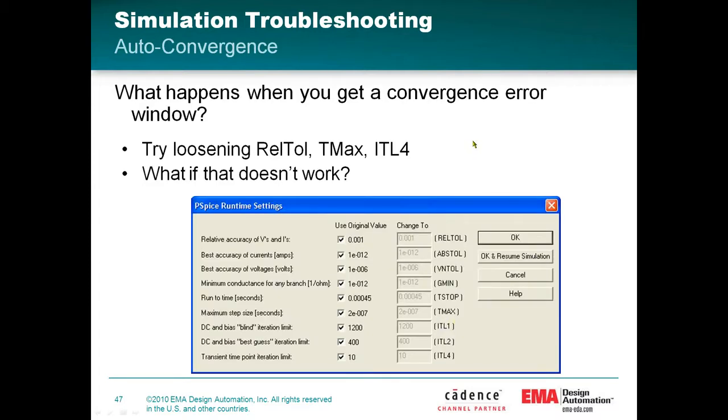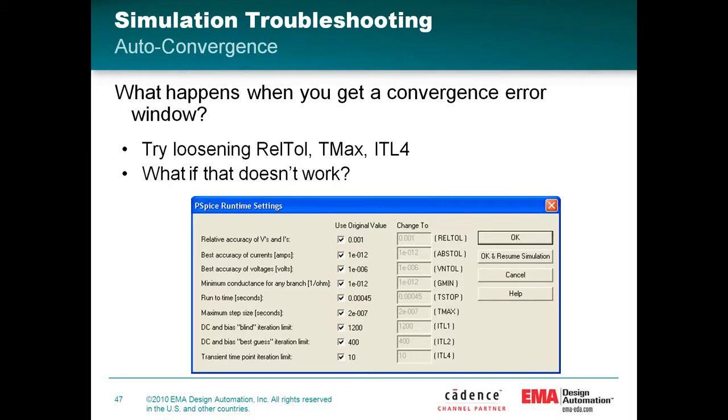Auto convergence. So if you're running a design that has some particular issues, like some spikes in it or something like that, sometimes these things can present problems to the simulator, where the step size it's using or something can't necessarily get the simulation to converge to a solution.